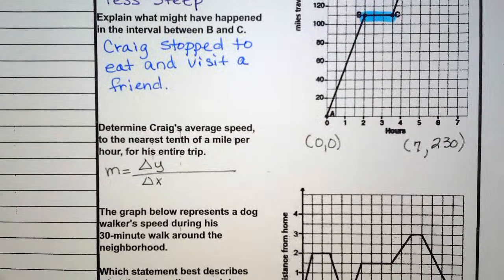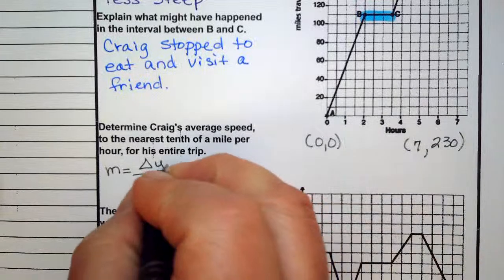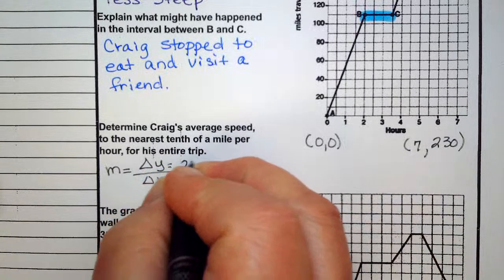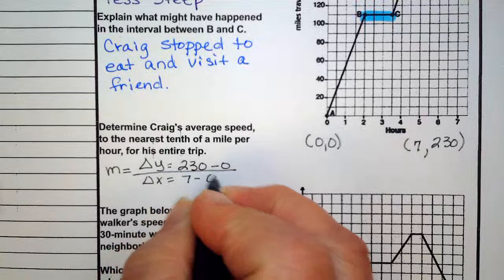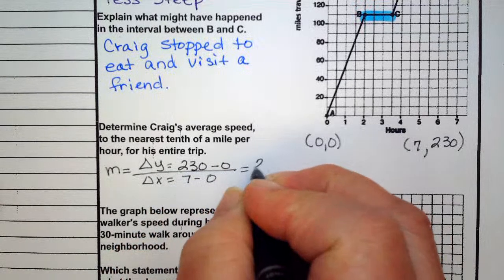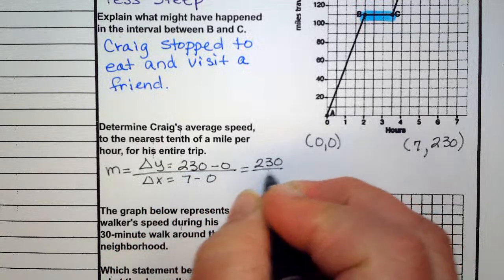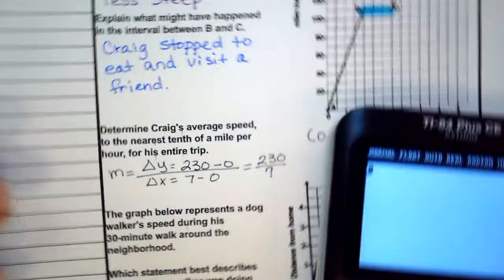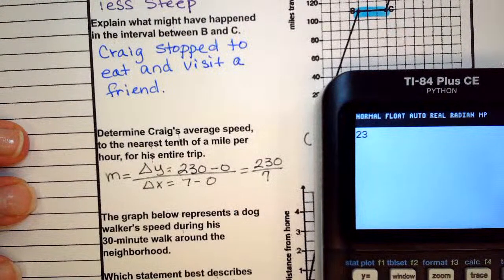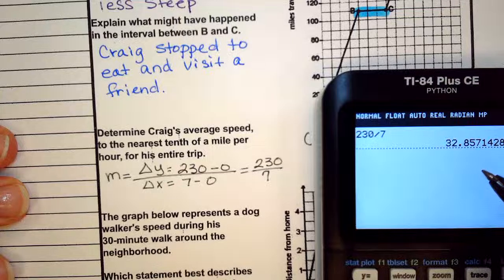So in this case, I would actually start with the second point, and I would have 230 minus 0 over 7 minus 0, which is 230 divided by 7. And I end up with 32.857. I'm rounding to the nearest tenth.